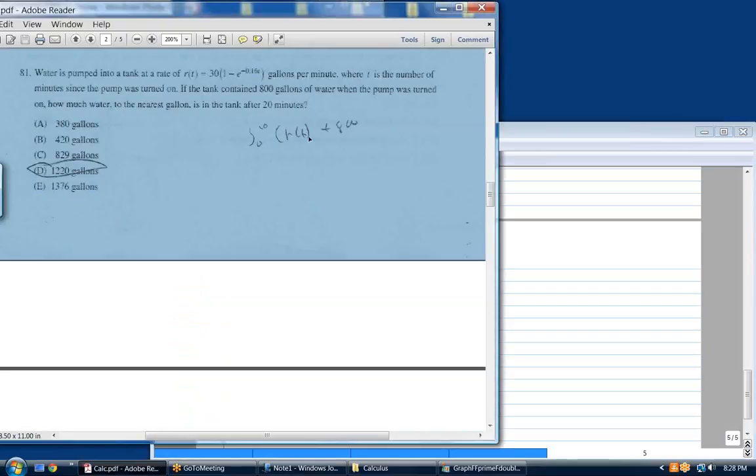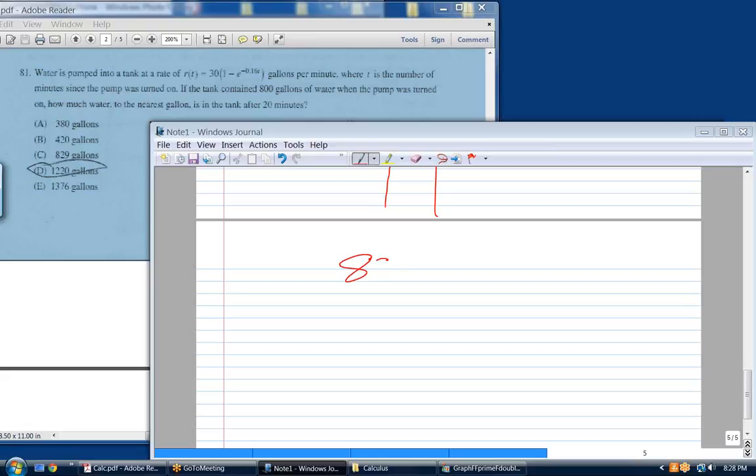So your answer here is correct. You're going to take the integral from 0 to 20 of that function, r of t, and since it started with 800, we're going to add 800 to it. In other words, it really should be written like this: 800 plus the integral from 0 to 20 of r of t dt.